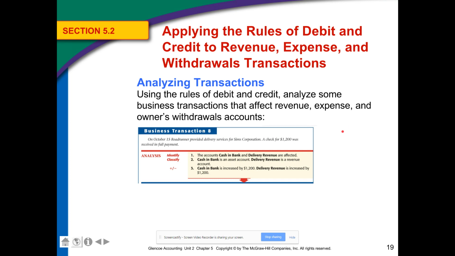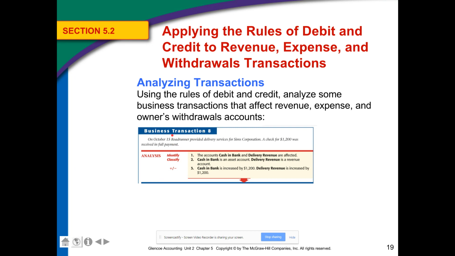So we're going to use our rules of debits and credits and look at transactions that affect revenue, expenses, and owner's equity. So for this first one, on October 15th, Roadrunner, that's the business, provided delivery services for Sims Corporation. A check for $1,200 was received in full payment. So we got a check, $1,200. That's cash.